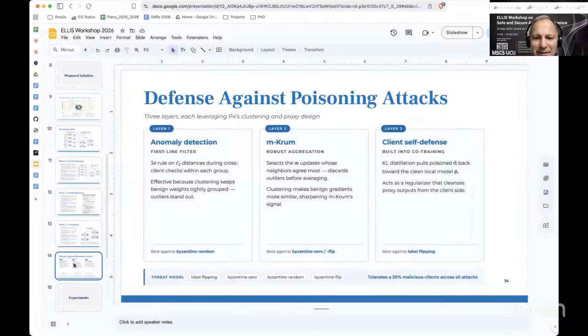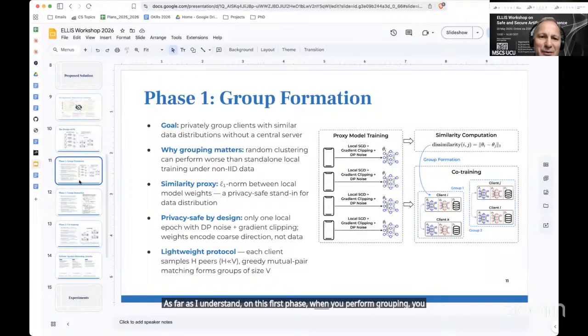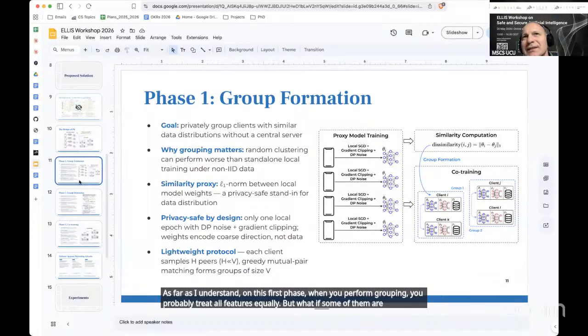Okay, thank you. And I promised a question from myself. As far as I understand, in this first phase, when you perform grouping, you probably treat all features equally, but what if some of them are not important at all?